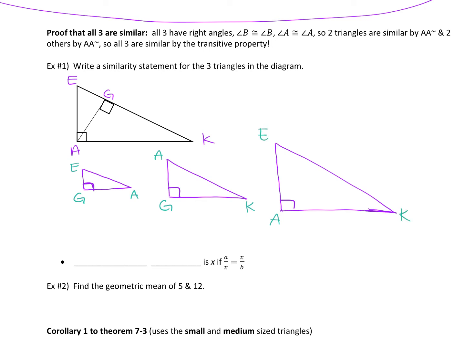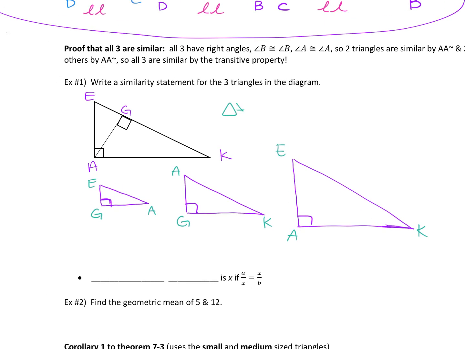Okay, so that means you should be able to write a similarity statement for me for these 3 triangles. We can say triangle EGA is similar to what triangle? AGK, which is similar to triangle EAK.